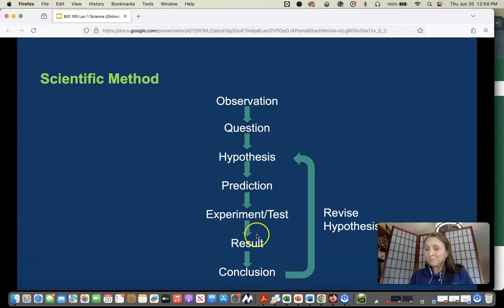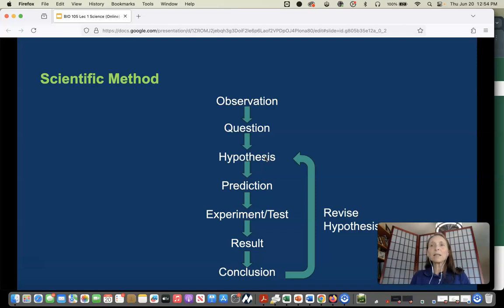We may have a hypothesis, and this one experiment supports our hypothesis, but then we develop some new experiments that come along and show that not in every situation will we get the results that support that hypothesis. So science is always evolving.